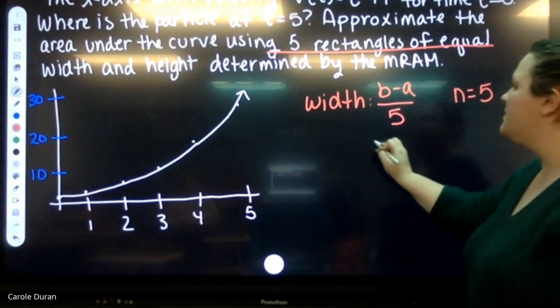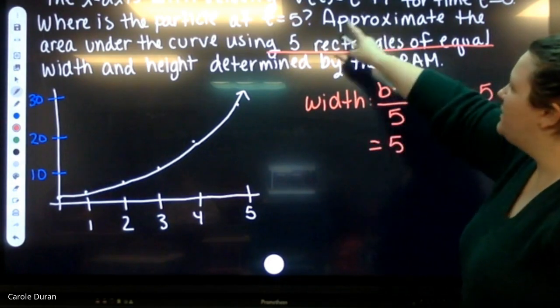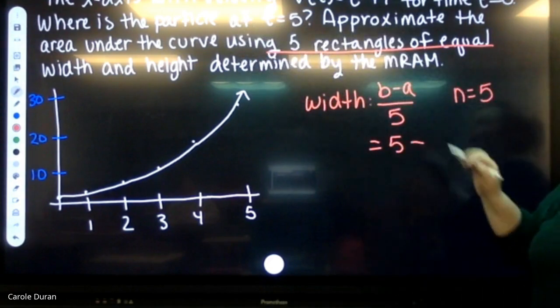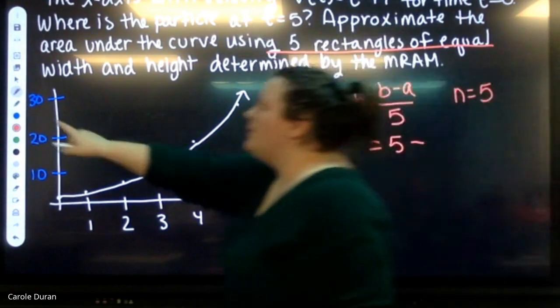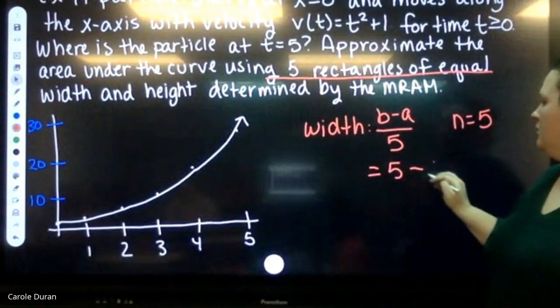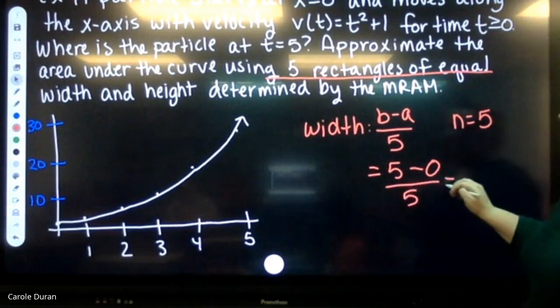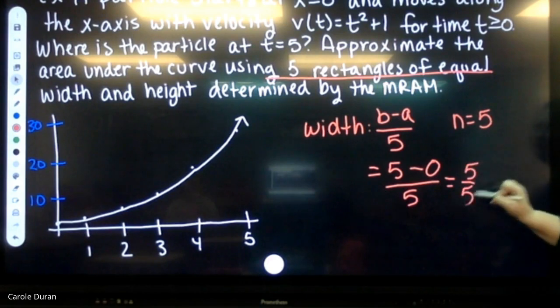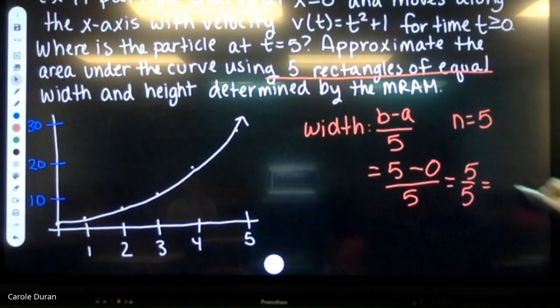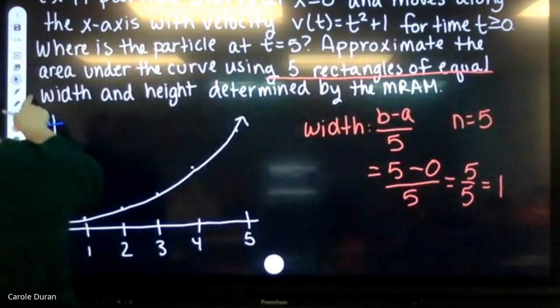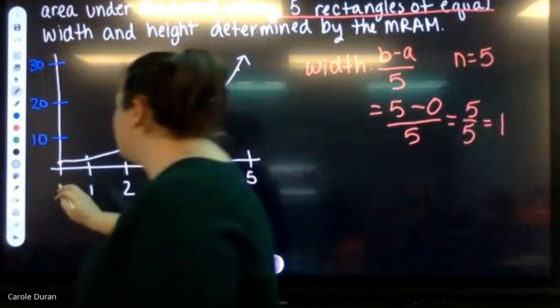So here, b is 5 because it said it wanted to know where the particle was at t equals 5, minus 0 because my particle started at x equals 0, and then divided by the 5 intervals that I wanted, which is just going to give me 5 over 5, which equals what? 1. So each of my intervals is going to have a width of 1.